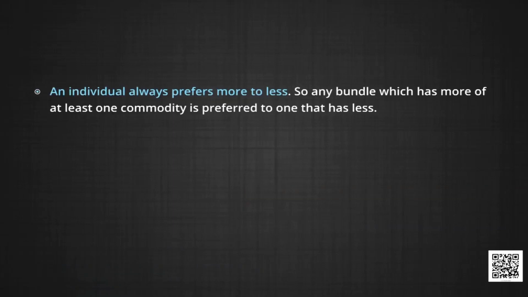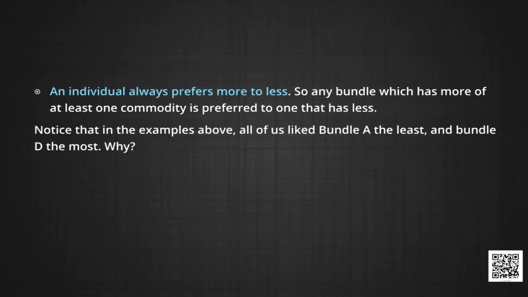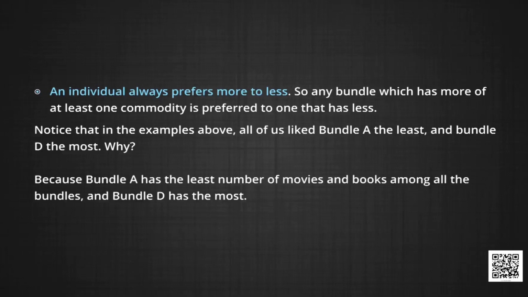So, any bundle which has more of at least one commodity is preferred to the one that has less. Notice that in the examples that we took, all of us liked bundle A the least and bundle D the most. Why? Because bundle A has the least number of movies and books among all the bundles, and bundle D has the most number of movies and books.